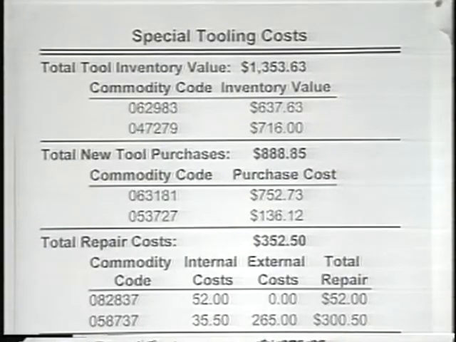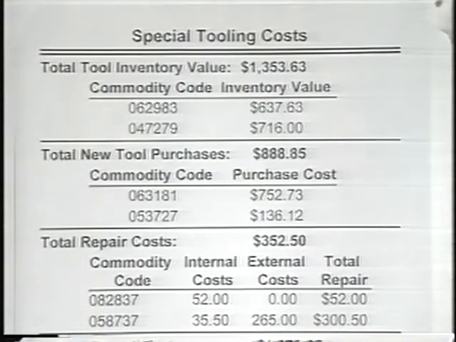Now the second financial analysis for special tooling costs are found on page 8A-5, and we are now looking at that particular exhibit, and that is entitled Special Tooling Cost. Now here again, we're showing those by commodity code and their respective inventory value.